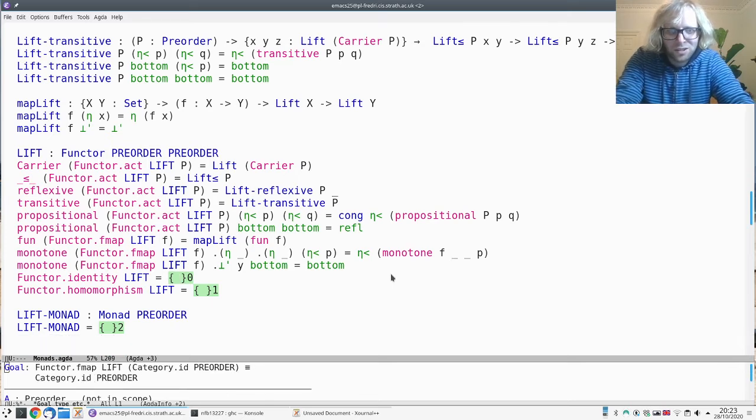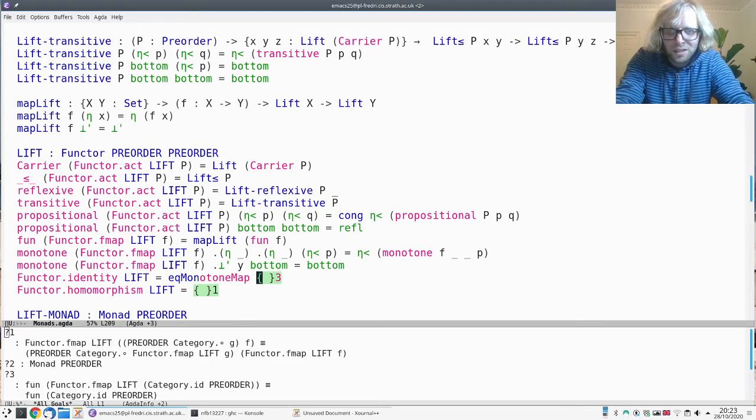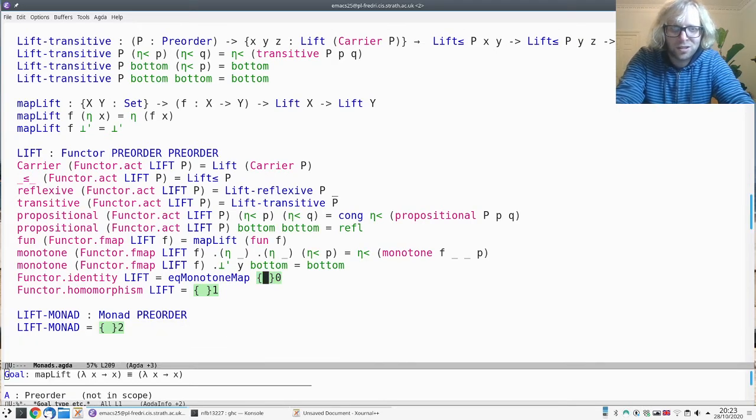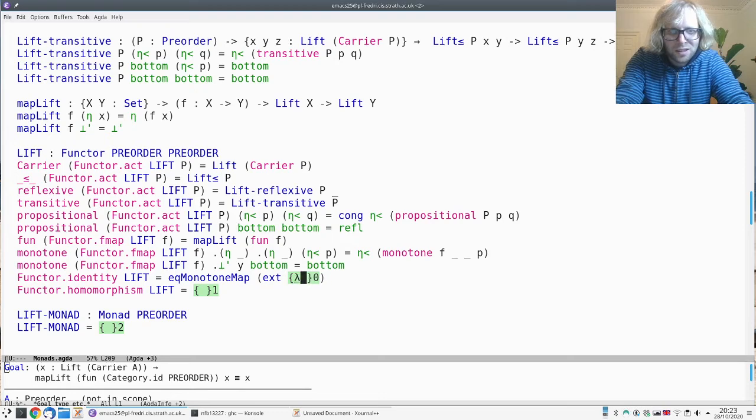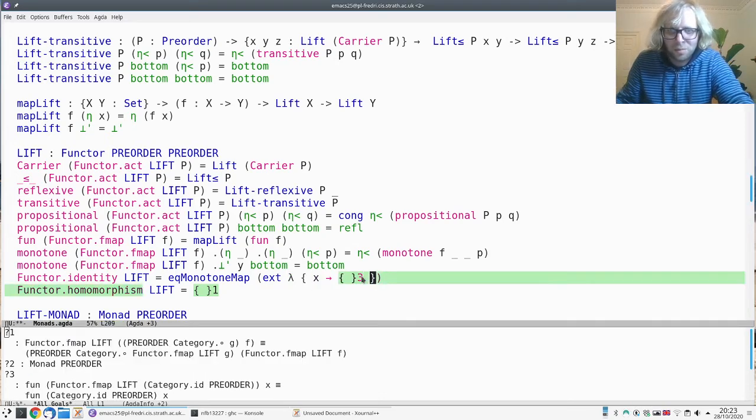Okay, we also need to show that this preserves the identity. And we had a way to show that monotone maps are equal. It's enough that they're equal on the function component. Okay, let's use function extensionality. So we get given an x. Right, so I'm going to use a pattern matching lambda here. Right, that's why I put these curly braces on the outside. So normal lambda can't pattern match, but if you put the curly braces, then you're allowed to pattern match on this lambda.